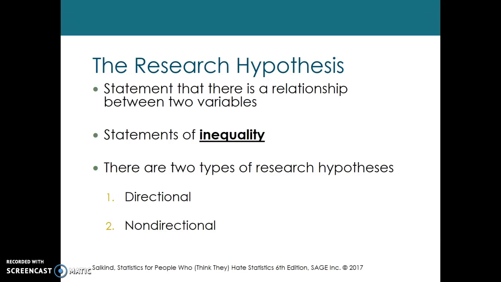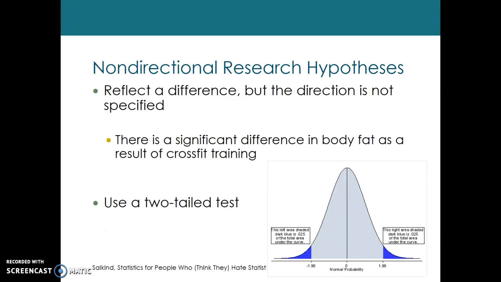And there are two types of research hypothesis. When you do this, you can do a directional hypothesis or a non-directional hypothesis. A non-directional hypothesis is just saying that there is a difference, but I don't know what that difference is going to be. And this is when we use what's called a two-tailed test. So here's an example.